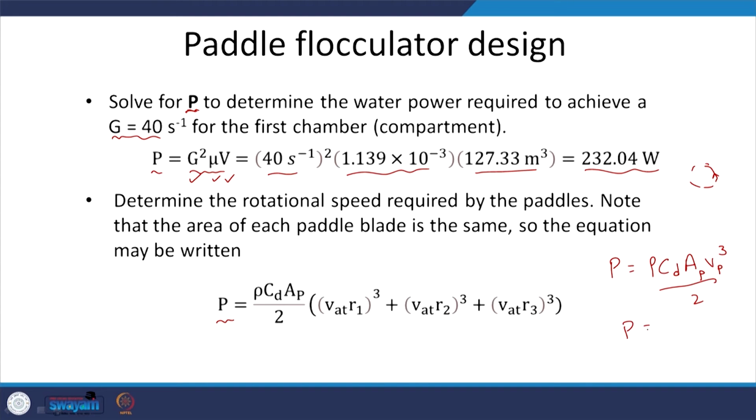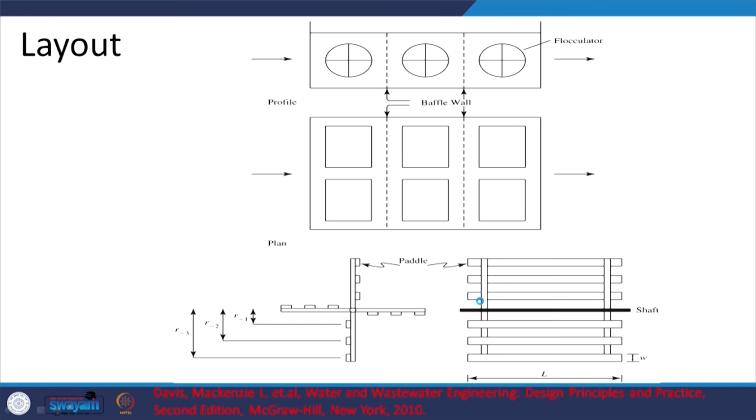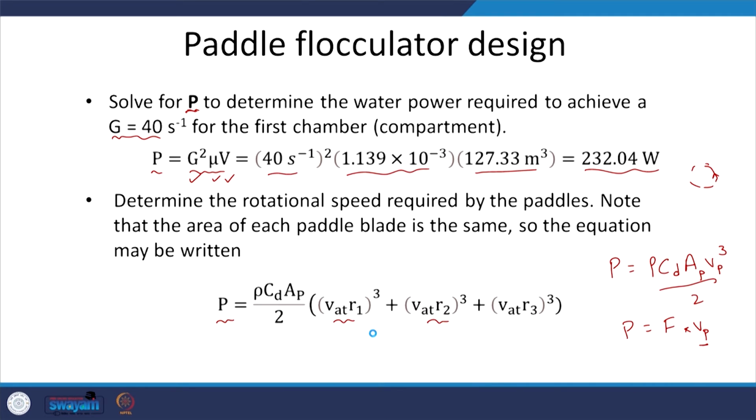This is nothing but power equal to the frictional force into velocity of the paddle. But here there are different paddles, 3 paddles, right? There are 3 paddles, as you can see, each one at a different distance from the center, and as we saw, each one will have its own velocity. So I am going to look at all 3 of them and sum them up, right? So that's what we have here.